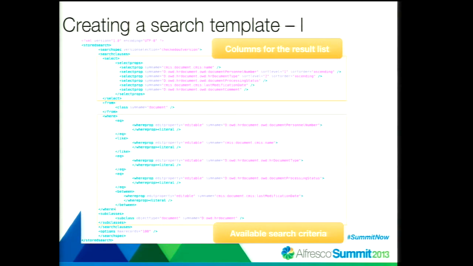And the important part, of course, is this where section, where you can define some search criteria that should make it easier for the user to find the information that he needs. These search criteria can be used with any operators like a like search, an equal search, between, greater than, less than. You can use full text search and things like that. And one additional feature here is this last one here.